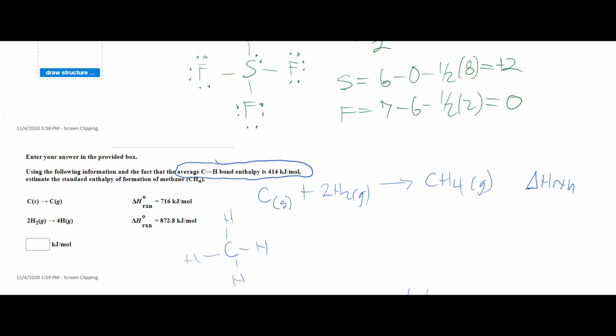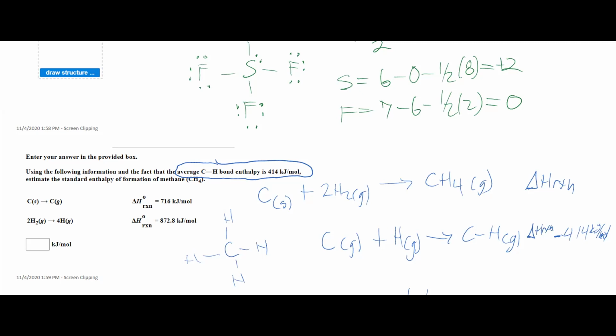That's defined as us taking them from their gaseous atoms, a carbon as a gas plus a hydrogen as a gas, and turning that into a C to H bond as a gas. So this delta H is going to be 414 kilojoules per mole, and because we're forming it, it's actually going to be negative 414 because it releases that energy.